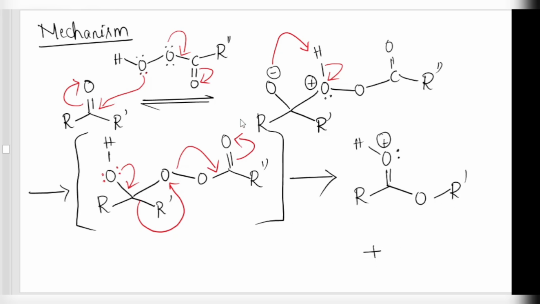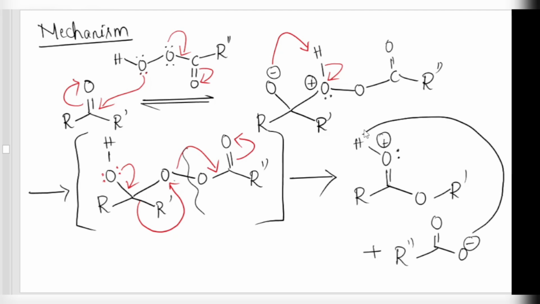Then what is the byproduct we got over here? This bond already broke over here. Then we will get R double prime and C double bond O and then O minus. Now this particular negative charge will abstract this hydrogen proton, and charge neutralization will happen, and finally we will get R C double bond O and oxygen and R prime.